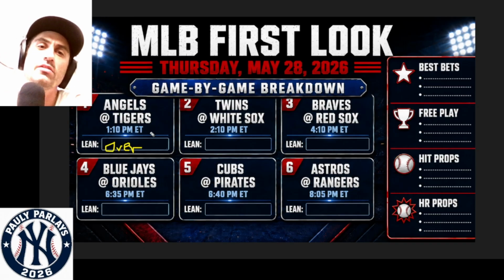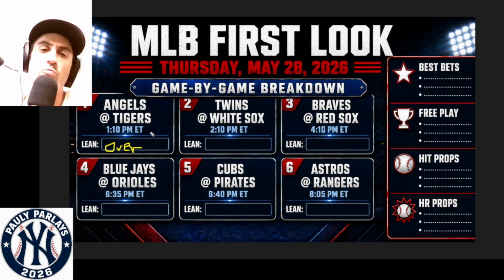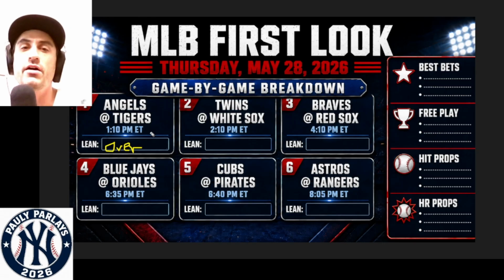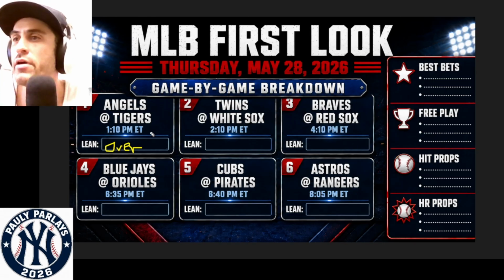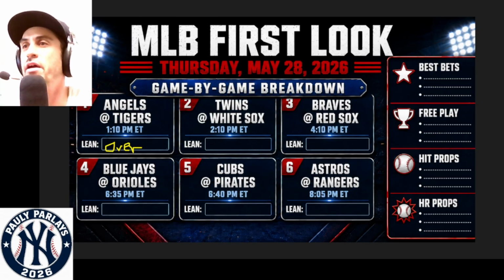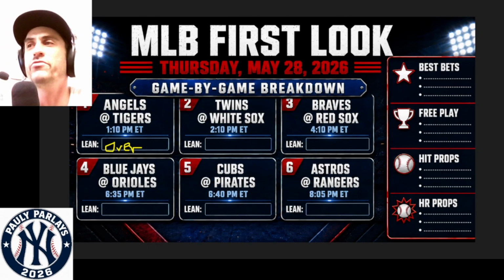Moving on to game 2. Twins at White Sox, pitching off at 2 p.m. Eastern Standard Time. The White Sox are averaging 7 runs over their last 3 and coming off a 15-run escapade.